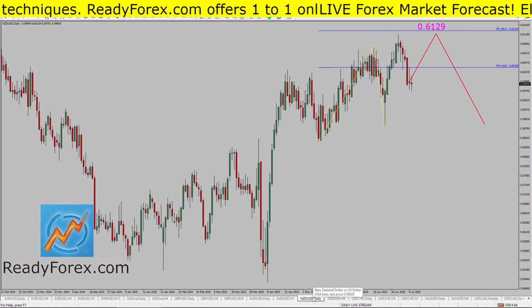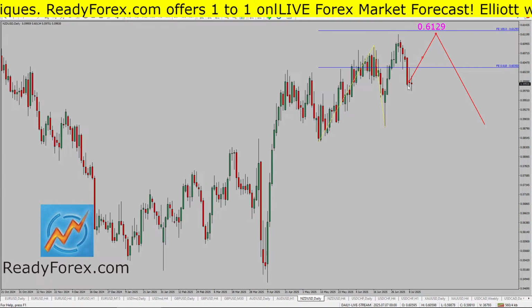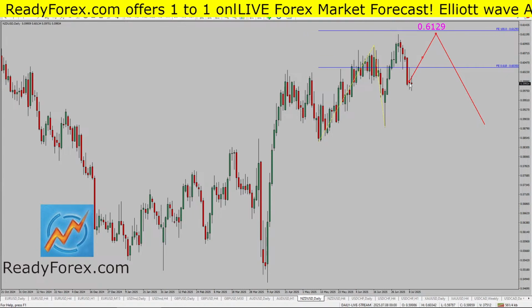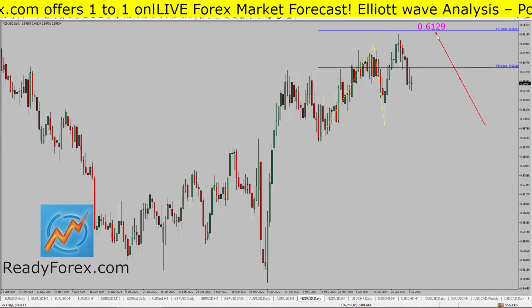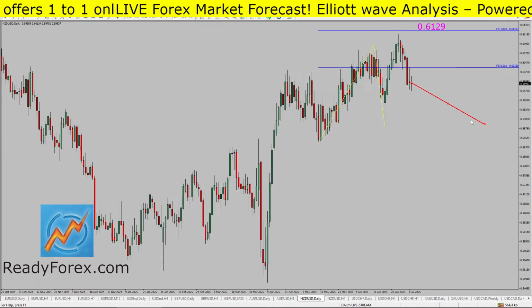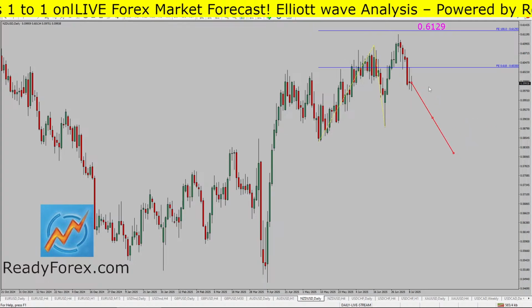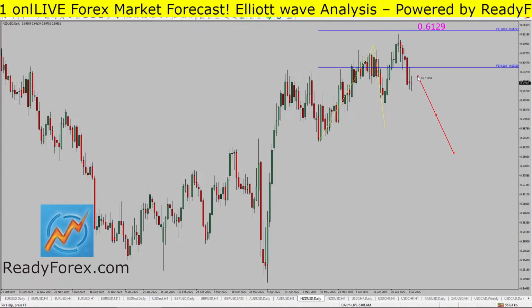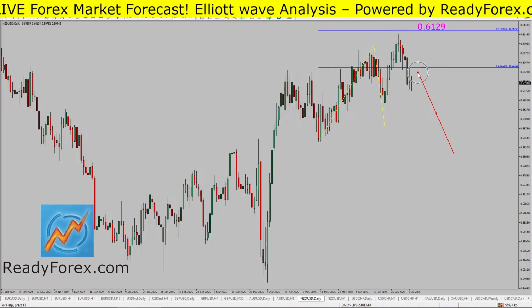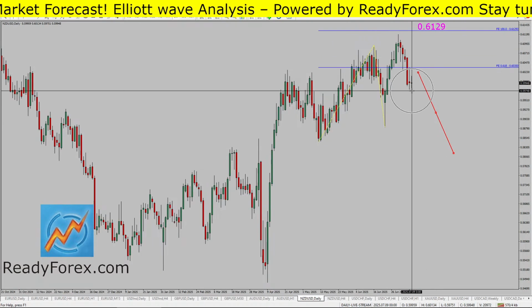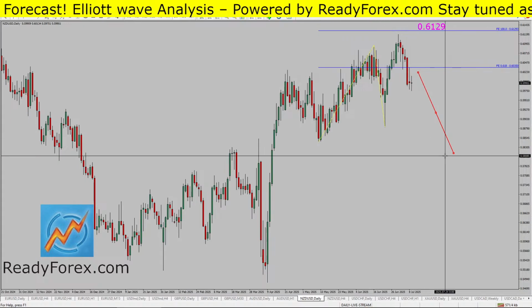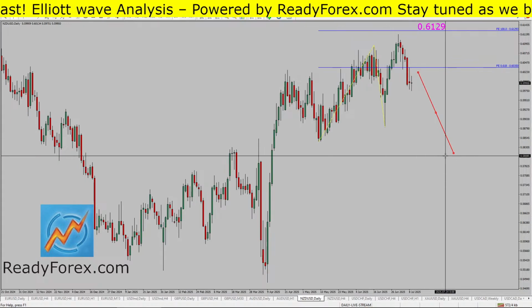Next one is the NZDUSD currency pair. It seems to me we have seen a top and the market doesn't want to go up. It's quite possible that price action is now going to move sideways. We might get a little bit of a pullback, but overall the forecast is bearish. Probably an A, B and C zigzag corrective Elliott wave pattern.